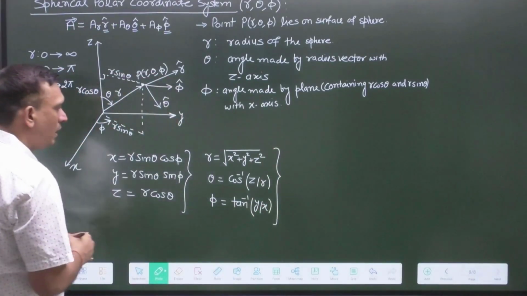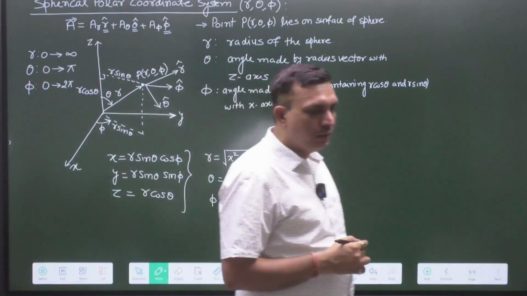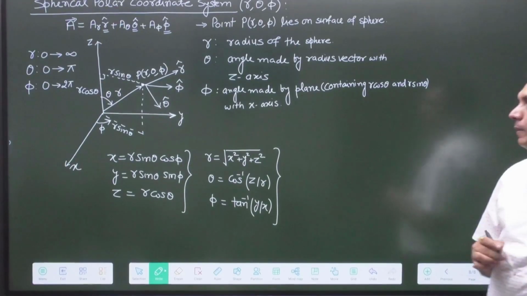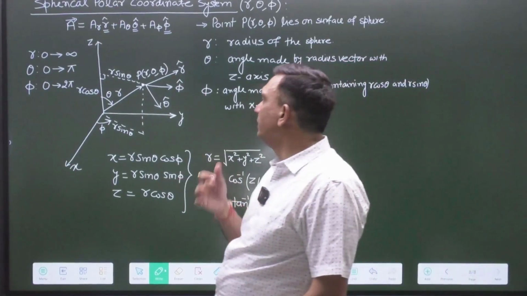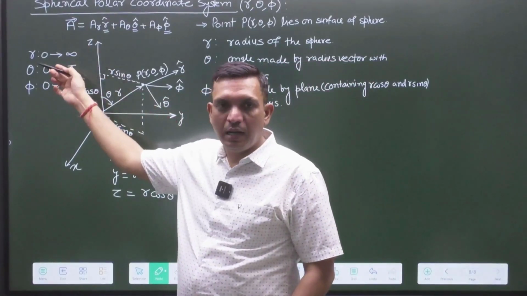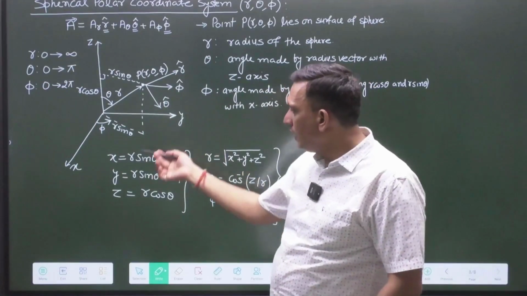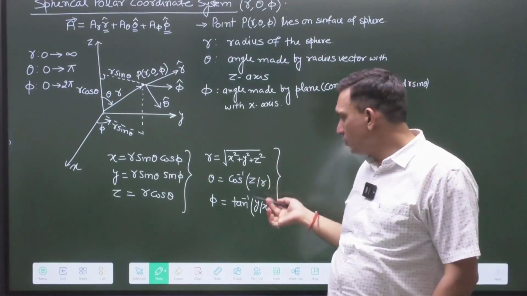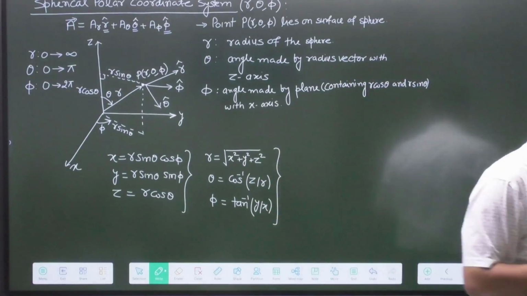So that is r theta phi in terms of x, y, z. So that is a spherical symmetry. You know the direction of unit vectors, you know how to specify r theta phi and how to write x, y, z in terms of r theta phi or r theta phi in terms of x, y, z.